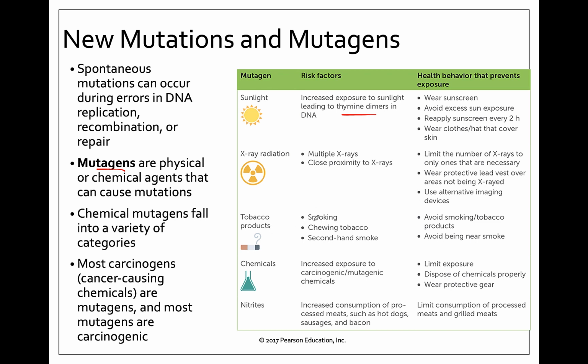Tobacco products, smoking, we know that those cause lung cancer. There's a lot of other chemicals, formaldehyde, things like that, nitrates that are found in red meat and processed meat, like things like hot dogs, bacon, sausages. Those have been linked to colon cancer as well.